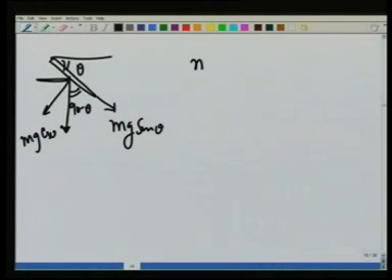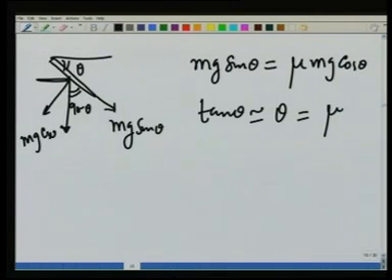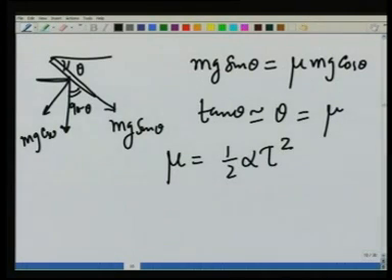So, if mg sin theta roughly becomes mu times mg cosine theta, then the body is going to slip off my hand, and therefore, I can write tangent theta roughly equal to theta for theta small equals mu. So, when mu equals 1/2 alpha tau square, this booklet is going to slip off.